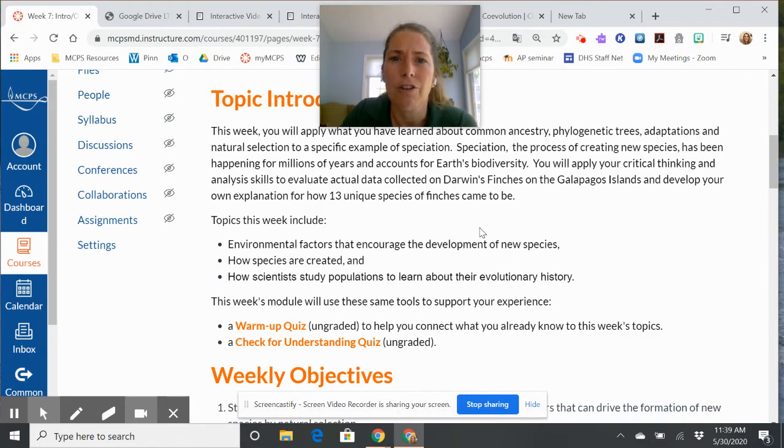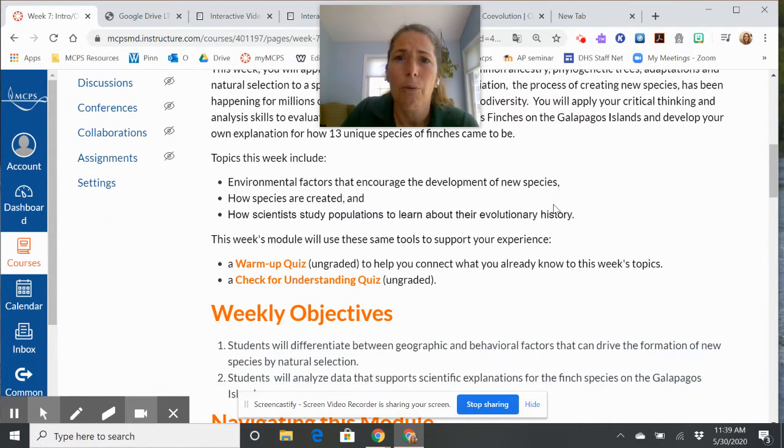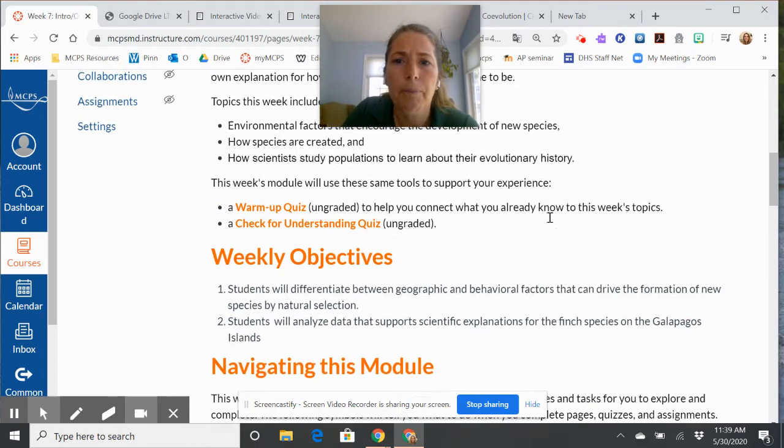A reminder, species richness is the number of different species, and species abundance is the number of individuals of a species. Those are the things that help determine biodiversity, and because of the differences in these different environments, you have different adaptations, which can help cause species to change over time.